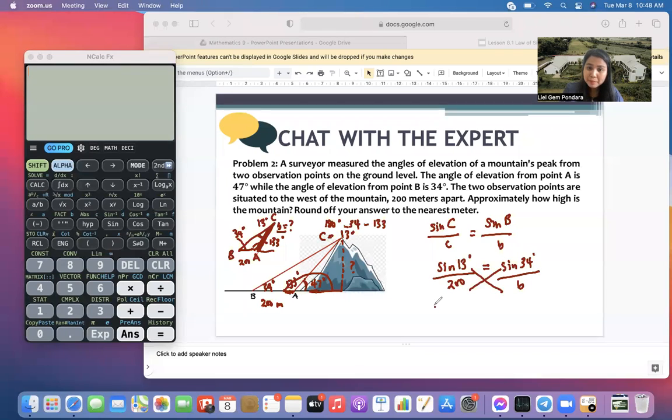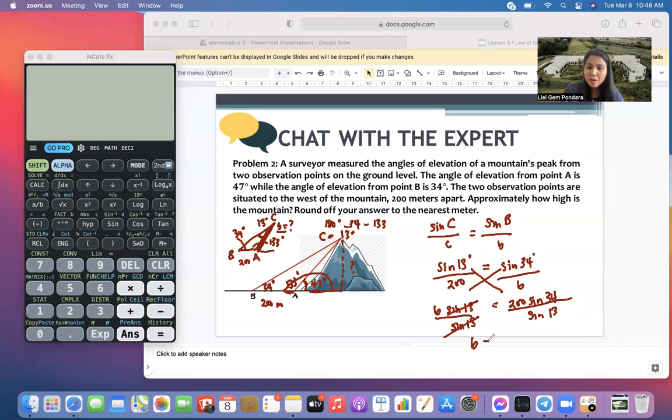Let's cross multiply. B sine 13 equals 200 sine 34. If you notice in the module, I placed the sides first. Here, I'll place the angle first. You will get the same answer as long as you are consistent. If sides are on top, they will be on top. If all angles are on top, be sure they are also uniform.